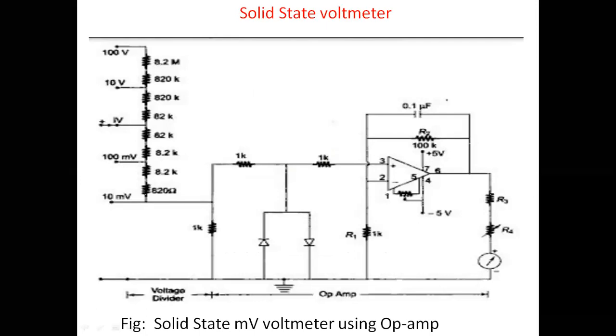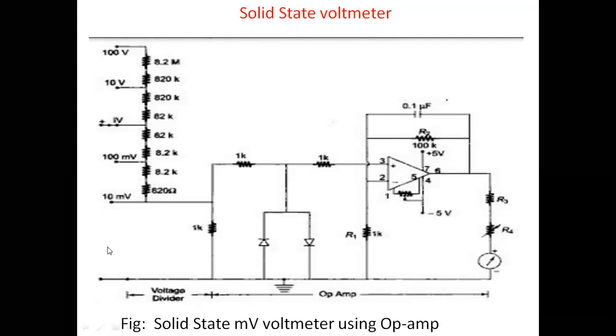Considering a basic meter and connecting a multiplier, we get the DC voltmeter. Here this is the voltage divider network, with the plus sign here.